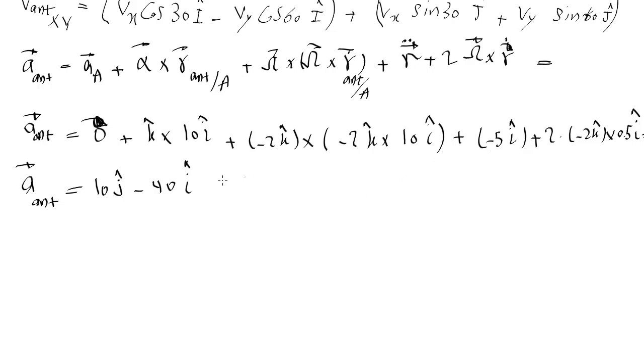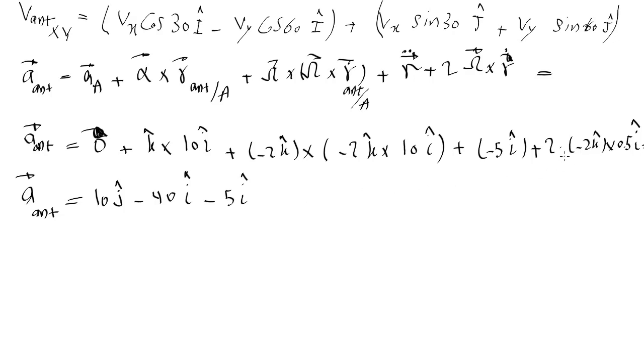And here we have minus 5I. The last term is 2 times 2, 4 times half, that's 2, and here we have k cross I, which is j, with a minus sign, so that is minus 2j. So we have 10 minus 2, which is 8, in the j direction, and minus 40 minus 5, that's minus 45 in the I direction.